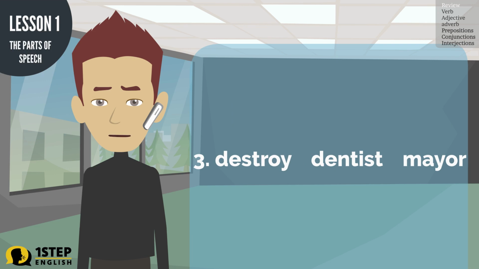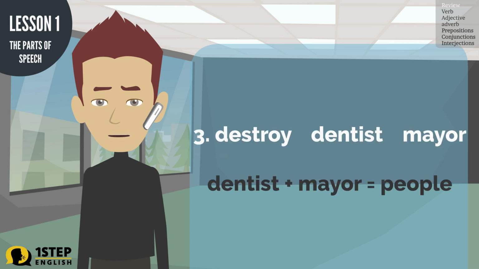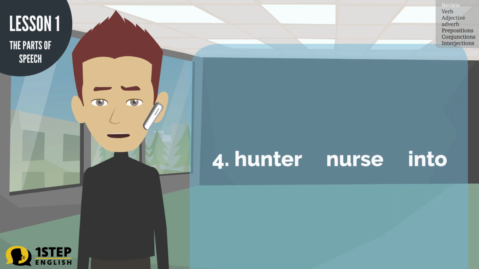3. Destroy, dentist, mayor. The answer is dentist and mayor. We label them as people. 4. Hunter, nurse, into.